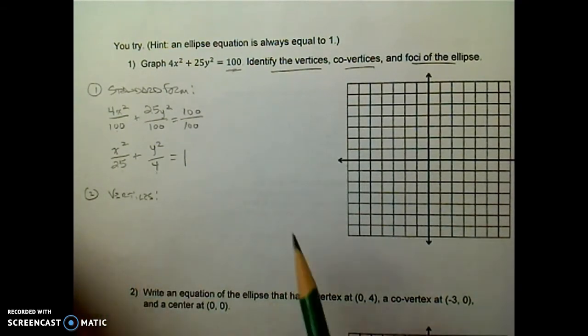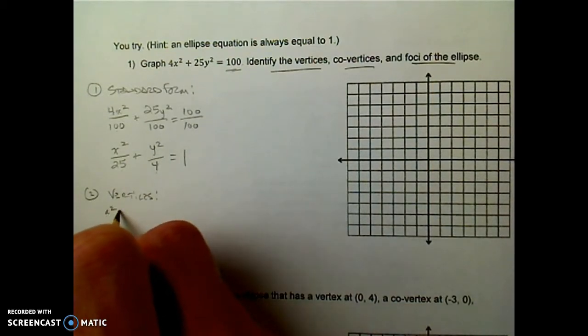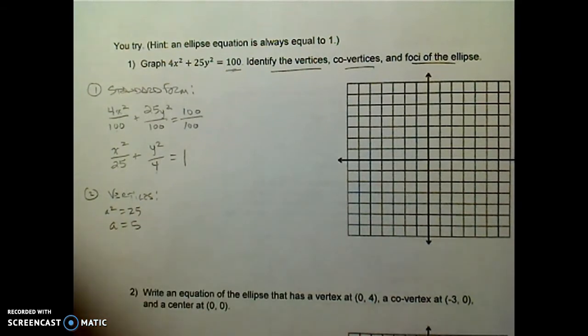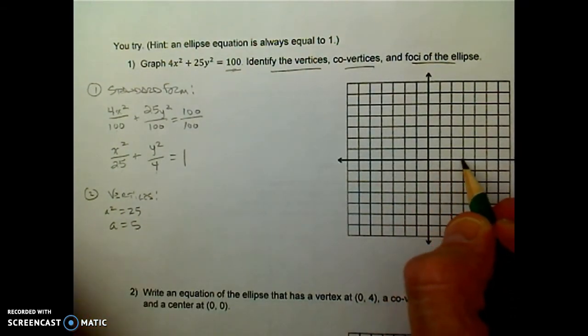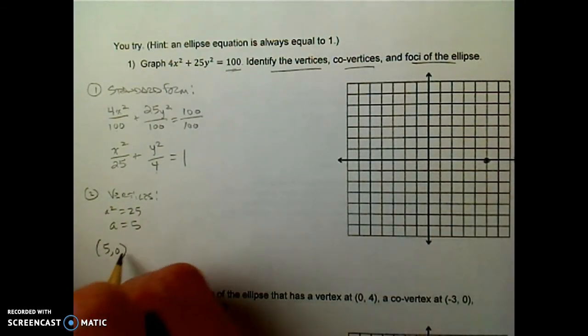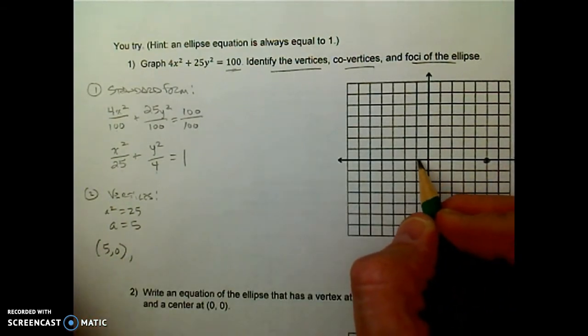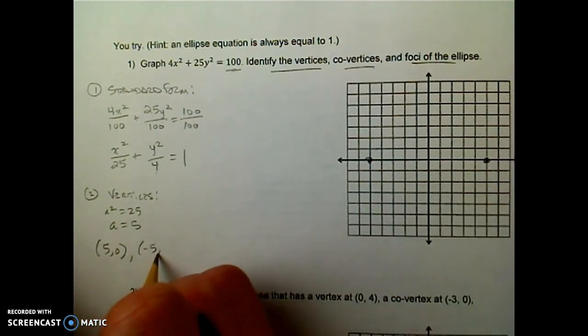It's going to be longer than it is tall. So I take the square root of 25 and I find that A is 5. So if that's the case, 1, 2, 3, 4, 5, I'm going to have one vertex at the point 5, 0. Going the other way, 1, 2, 3, 4, 5, I'm going to have a vertex at negative 5, 0.